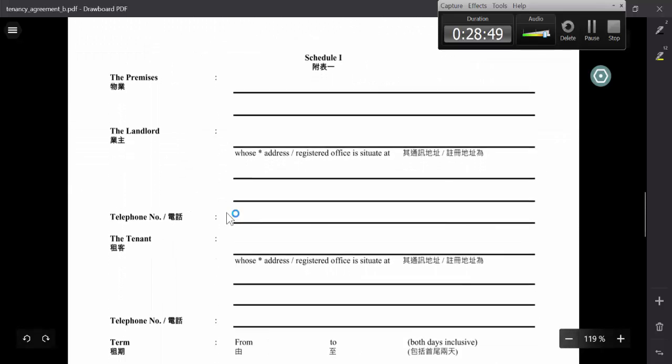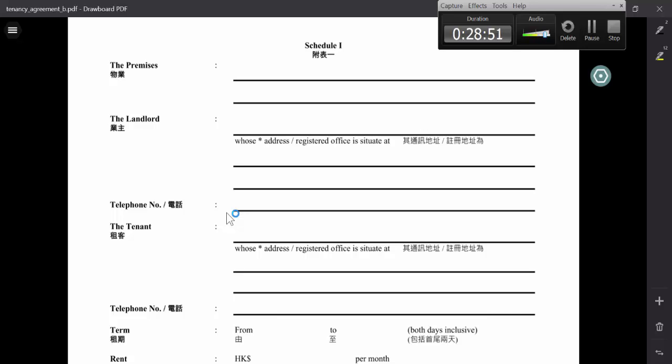There is another part called a schedule. Now, this one is a bit more interesting. This one has input that is related specifically to these 2 parties. So where the property is, who is the owner, and their telephone number, who's the tenant, and so on.